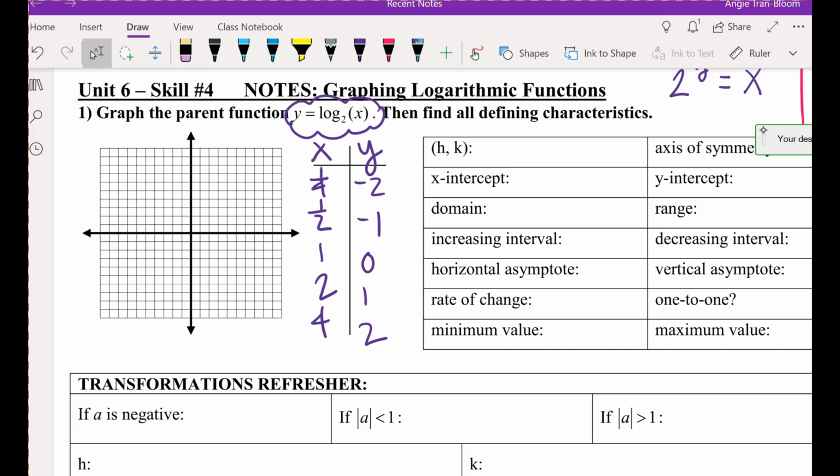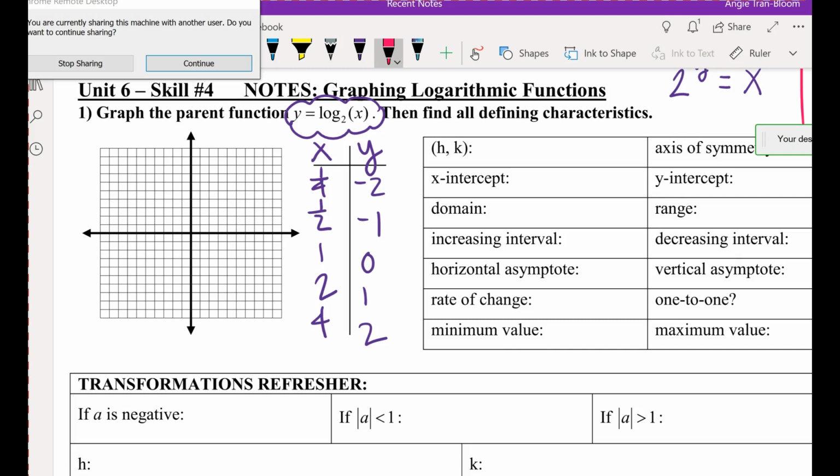When y is a negative value, like negative 100, is x going to be 0? No, it's going to be a small number, but is it ever 0? No. How about when I pick positive 100? Is that going to be 0? No. In mathematics, what do we use to graph something that can never be?